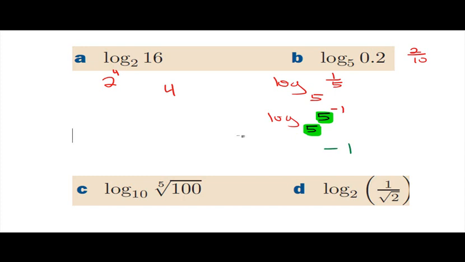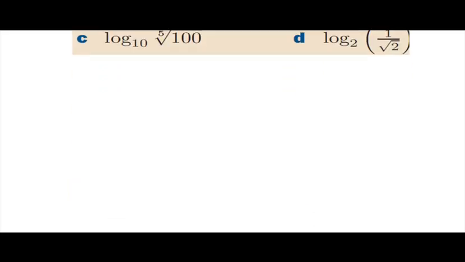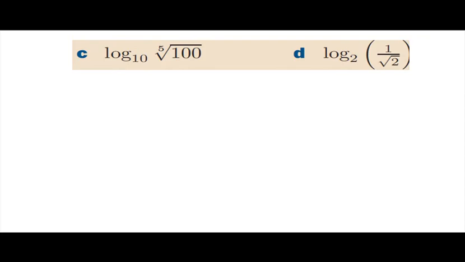Let's take a look down here. If this is in surd form or radical form, you want to change it into exponent form. So we have log base 10 of 100 to the 1/5 power.